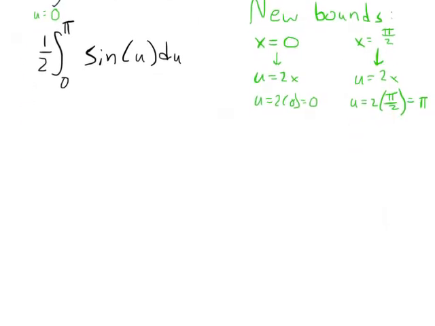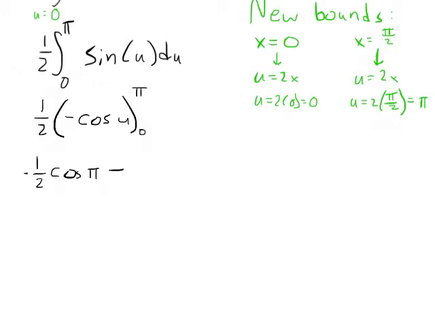We recall that the antiderivative of sine u is negative cosine u. So I now have 1/2 of negative cosine u being evaluated from 0 to pi. So I'm going to have, I suppose I could say, negative 1/2 cosine pi minus a negative 1/2 cosine 0.